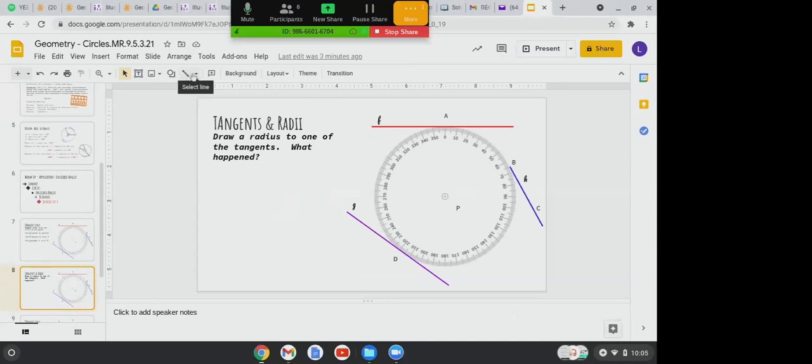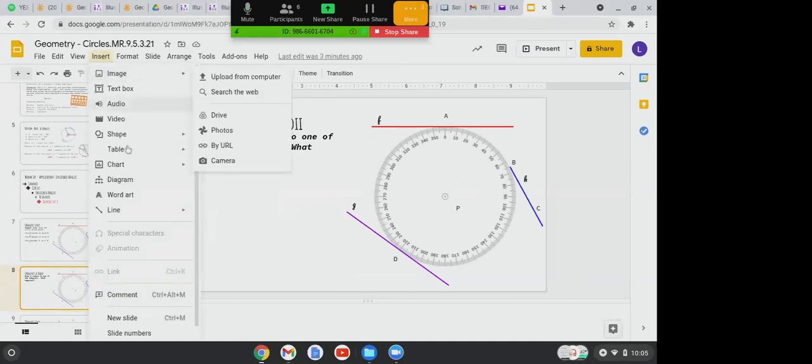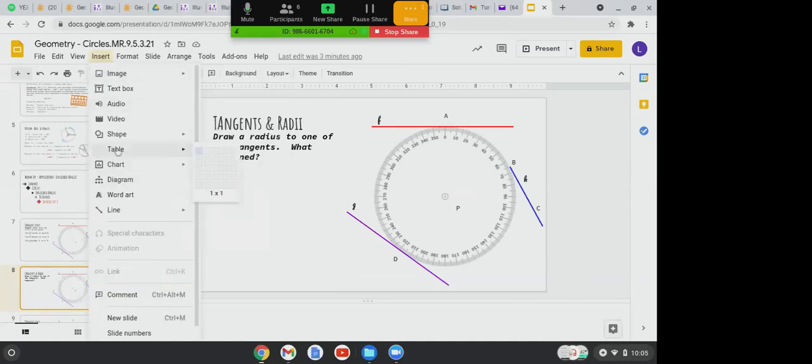So, again, everybody thinks in their own way. If you didn't, you may not have used line F. That's okay. You may have used line H. And again, that's all right.